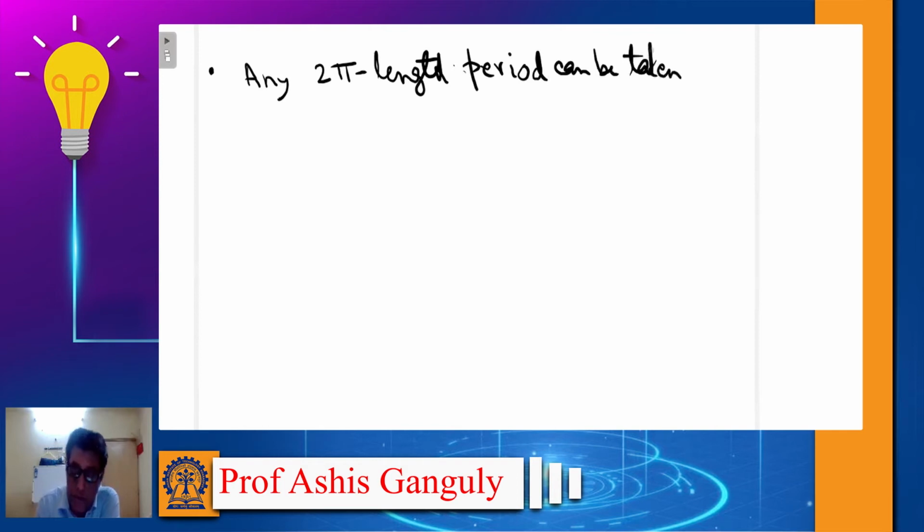That means in the previous formula A.2, I integrate over minus pi to pi. But one can take, based on the problem at hand, the integral from 0 to 2 pi. That is also valid. Any 2 pi length period from the real line can be taken. This is the first thing.